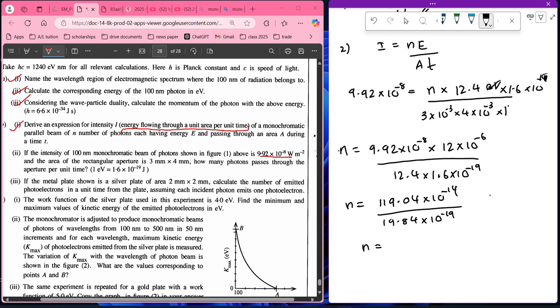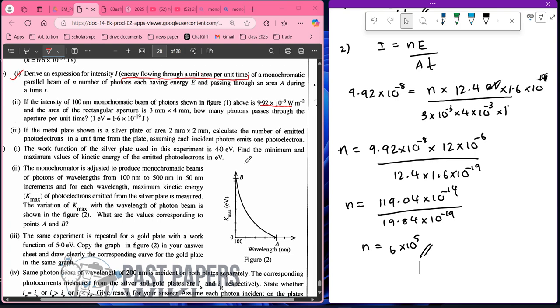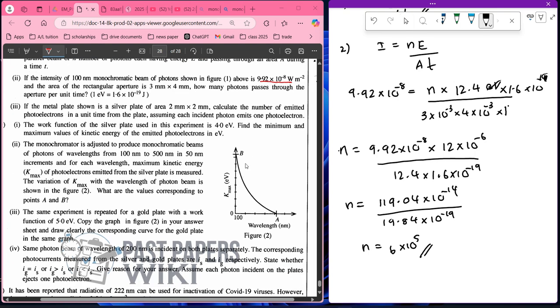Unit time I just inserted 1, actually no need of that either. Thereby the n value comes to 6 into 10 to the power 5. The final answer is n equal to 6 into 10 to the power 5 photons passing. So number 2 is also done.